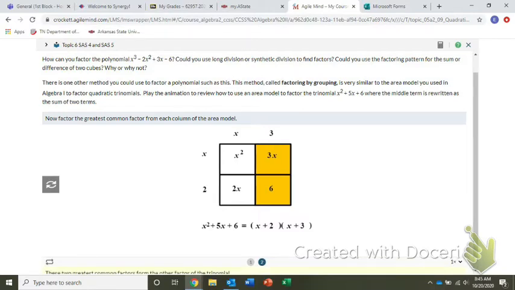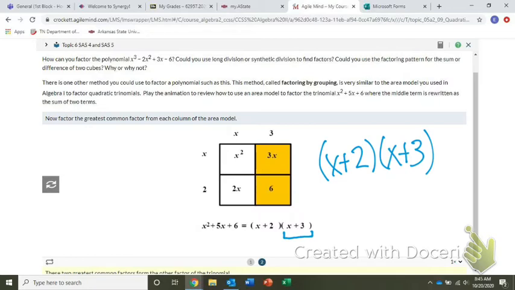Well, it's 3. So I have another factor of x plus 3. Now, if I multiplied these, I would get x squared plus 5x plus 6. Okay? Just another way to factor.